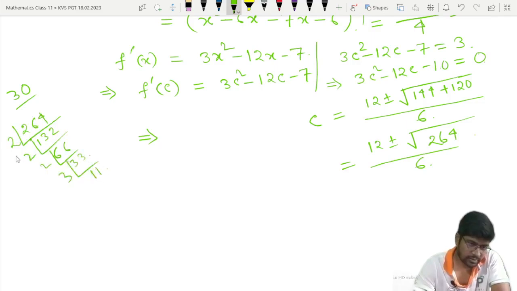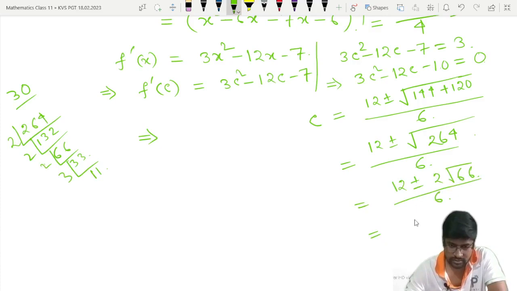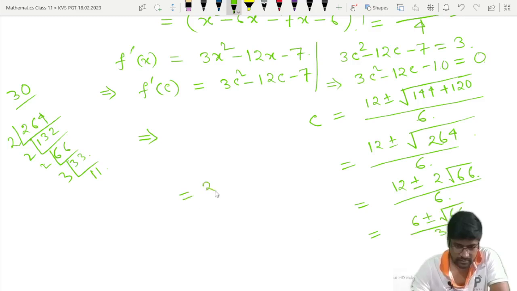That means 3 into 2 is 6, so 2 root 66, so we can write 12 plus minus 2 root 66 divided by 6. The 2 will be cancelled, that means plus minus root 66 divided by 3. So that is again we can write as 2 plus minus root 66 by 3.